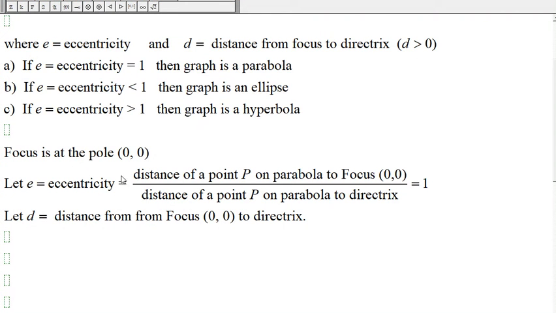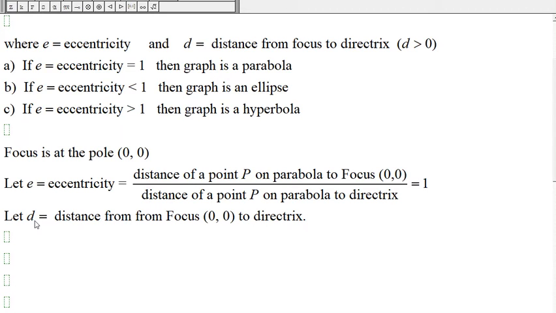Once again, the focus is at the pole, which is (0, 0). The eccentricity is defined as the distance of a point on the parabola to the focus divided by the distance from the point to the directrix. Since in a parabola we require that these distances be the same, the eccentricity is 1.